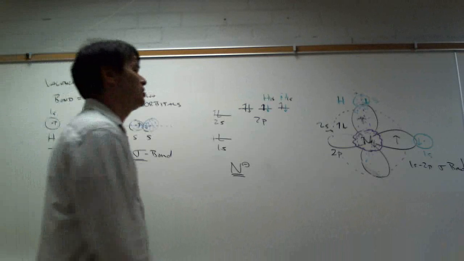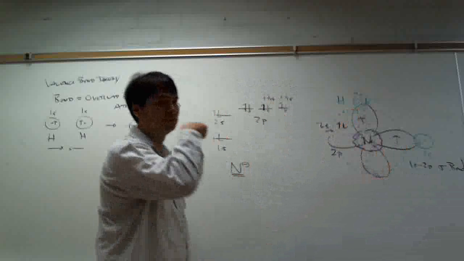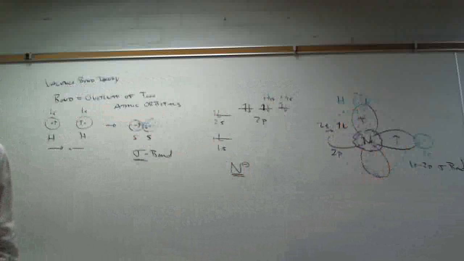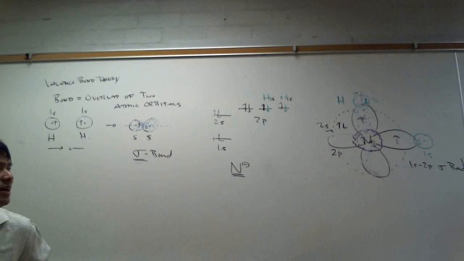What is the H and H angle? Well, what's the angle between the y-axis and the x-axis? 90. So what's the H and H angle? 90. What is the H and H angle that you just predicted? Less than 109. And do you see there's a problem?